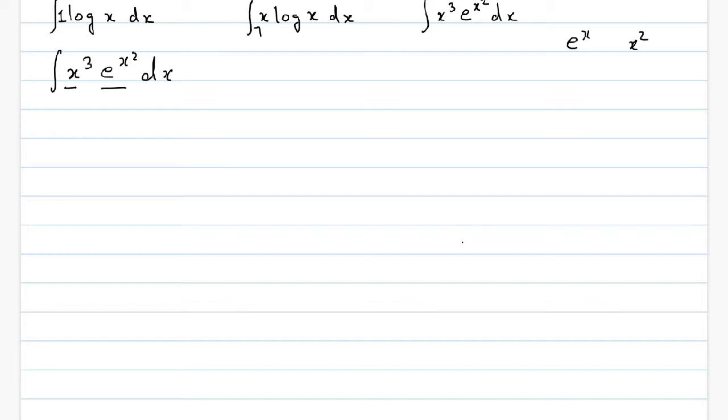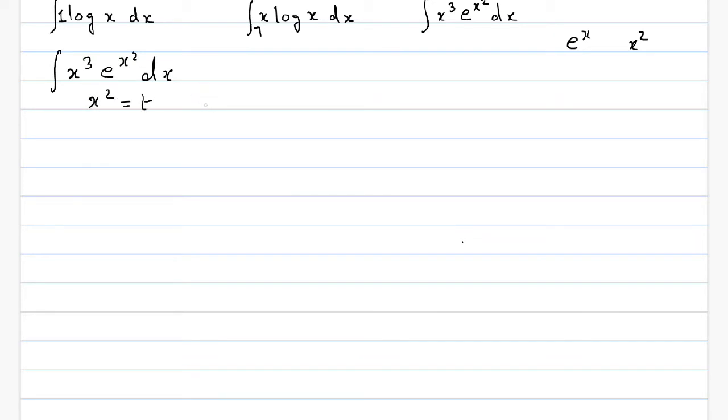Whenever we see a function inside a function, we should always use our substitution method. So whenever you see e raised to some power of x, you should always substitute it. So in this case, we will substitute our x square as, let's say, t.